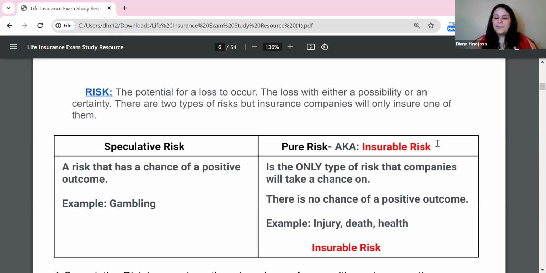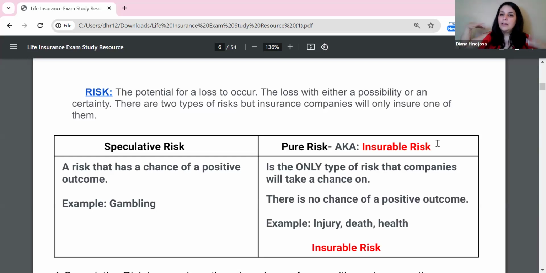Less and less, especially as we age, injuries and things like that affect us in negative ways. That's not going to get better, right? So insurance companies can go ahead and give us an accident policy. Health, the same thing. There's always that potential. You go to the doctor for a checkup and the doctor says, I'm sorry, patient, you have X, Y, or Z, and now you need medicine, you need therapy.